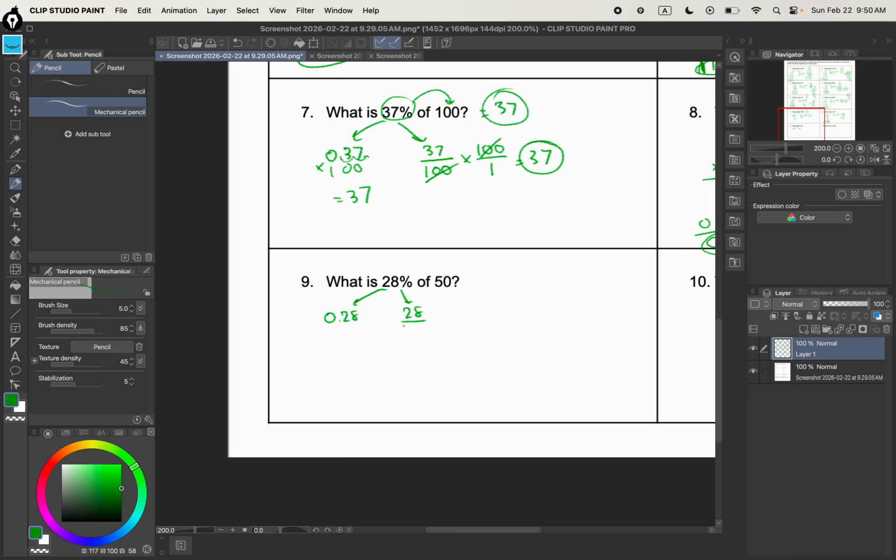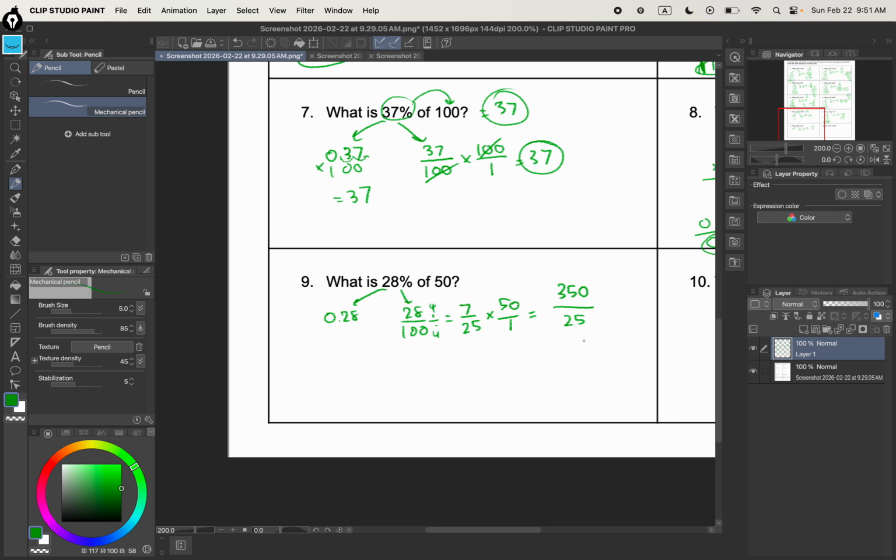Okay, I'm gonna simplify that by 4 again. Divide by 4, divide by 4. It's the same. Just equivalent, okay. Then I have to multiply by 50. I'll just finish this side first. So again, 7 times 5 is 35 plus a 0.